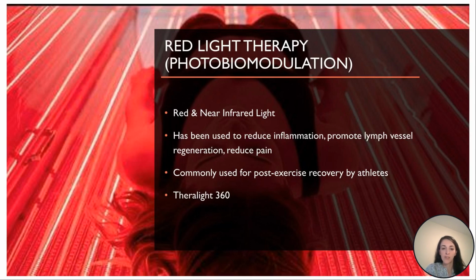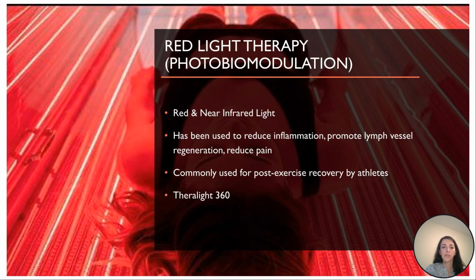We use this for all kinds of different conditions because it can affect inflammation in such a broad way. We certainly use it a lot for musculoskeletal issues, but we've also found it helpful for post-infectious inflammatory conditions, and we've used it for lymphatic support.